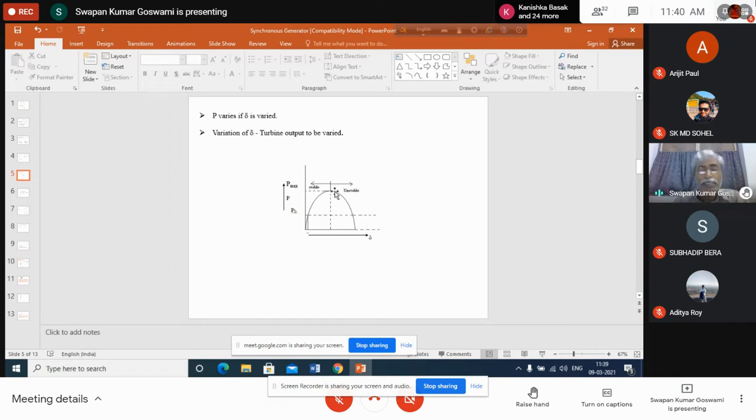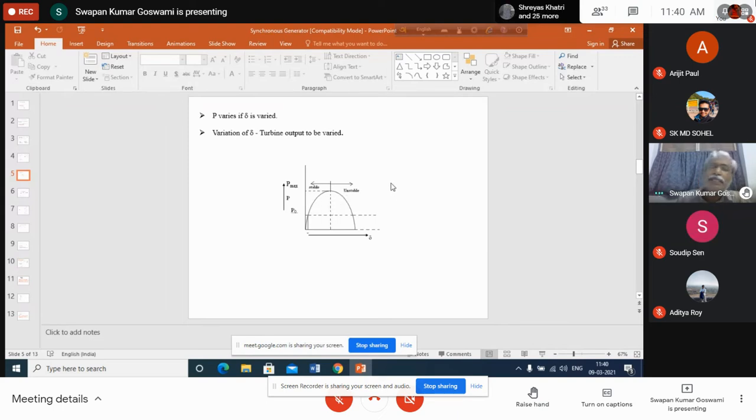During oscillation, it may cross this point. We shall see this later, when we discuss stability issues in further detail. You see that we have already mentioned that somehow this point has been crossed. The thing is that synchronous speed was achieved at some point where that point was above the input power line.